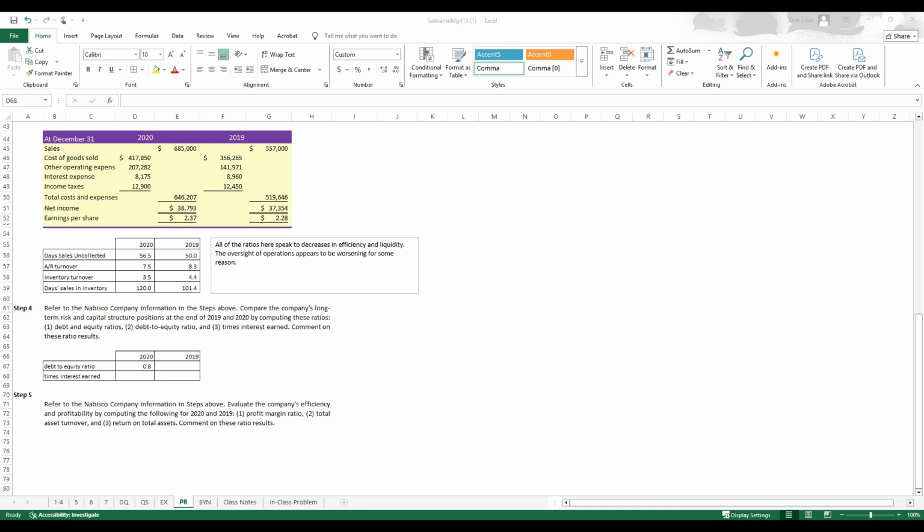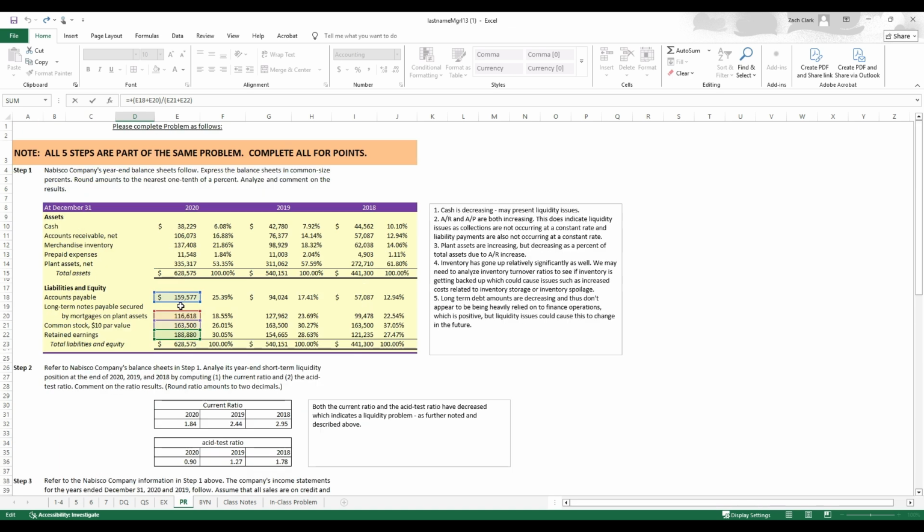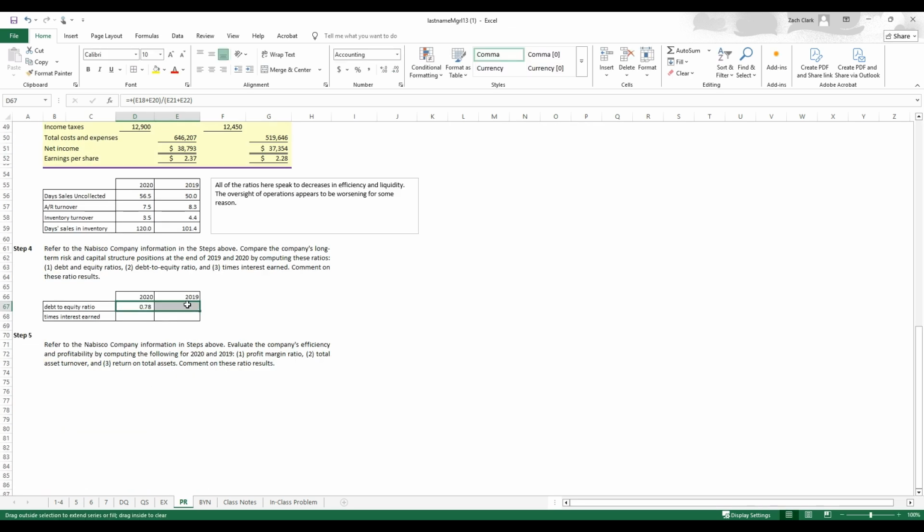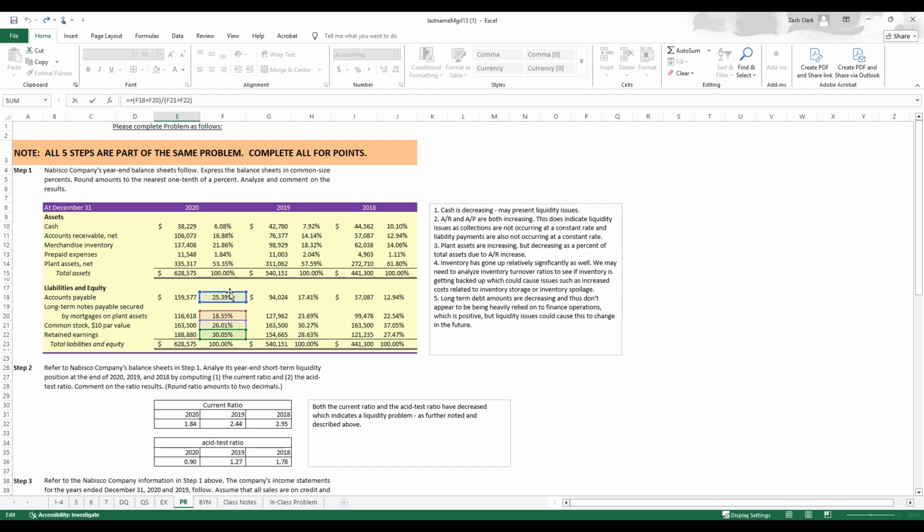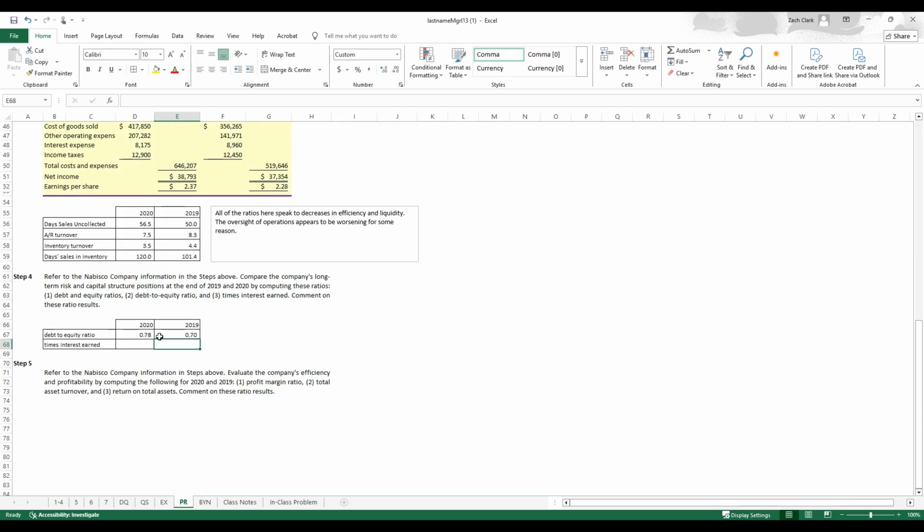Okay, and so let's see. What does it tell us? We get 78.38, or if we were to say it as a decimal, 0.78 to 1, for the current year. And then we can drag that formula over, but again, let's fix this. It might be one where we'd want to use that replace trick, but that's okay. We'll just pull those over.